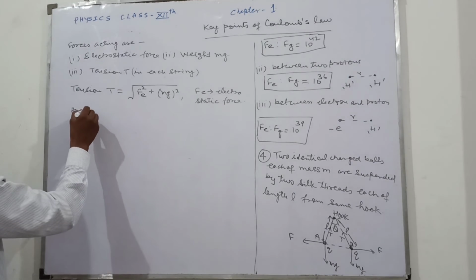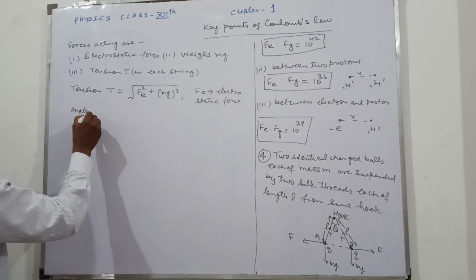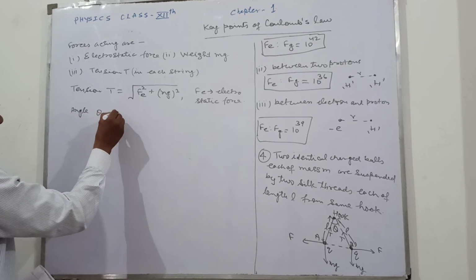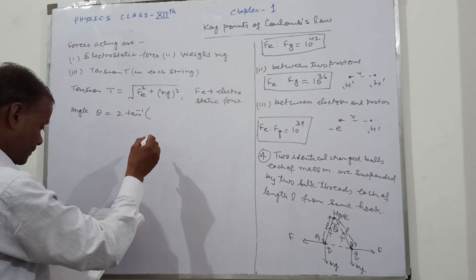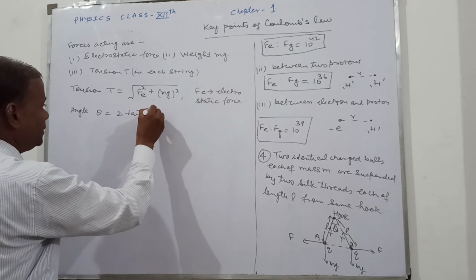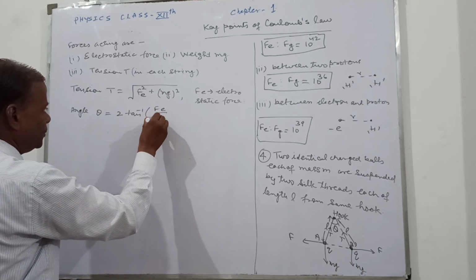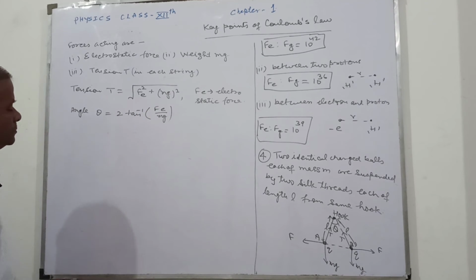The angle theta equals 2 tan inverse of Fe upon mg.